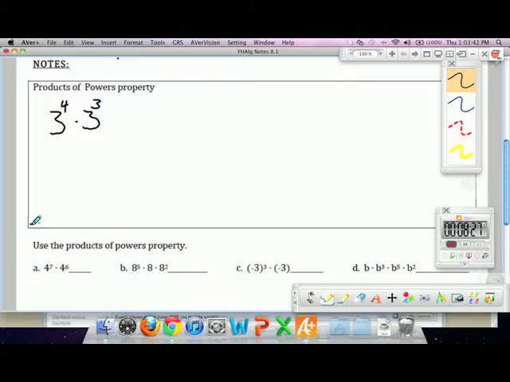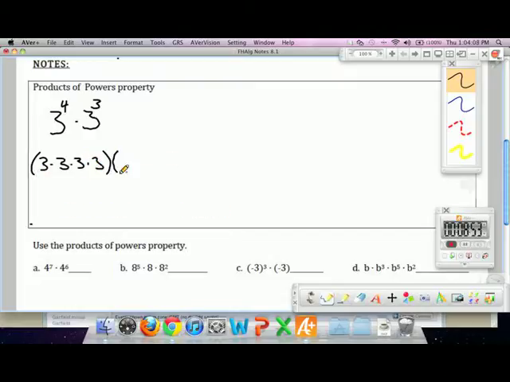I have a product of 2 things raised to a power. Well, one way to handle it is using the definition of an exponent. What's another way to write 3 to the 4th power? 3 times 3 times 3 times 3. And what's 3 to the 3rd power?